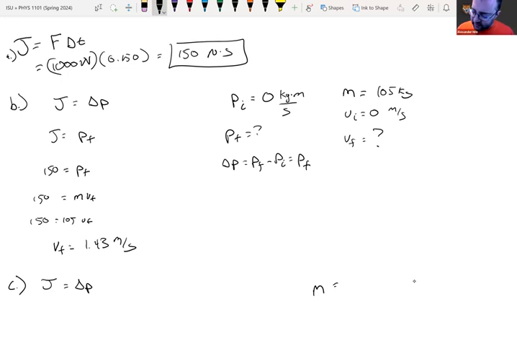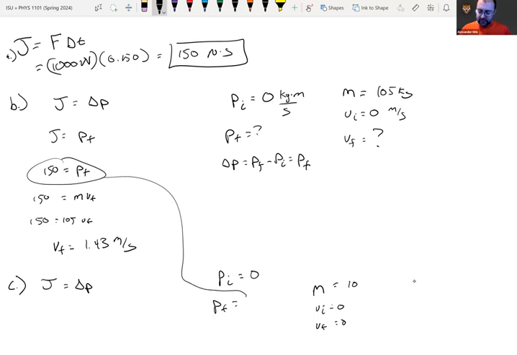So this time, instead of 105, our mass is 10. And our v initial was still 0. Our v final is what we're looking for. Our P initial is still just 0. Our P final, our impulse hasn't changed, so we can still say our P final is going to be 150.